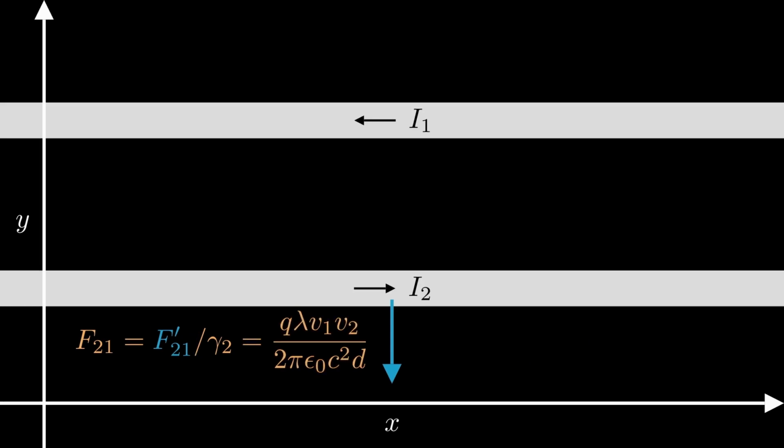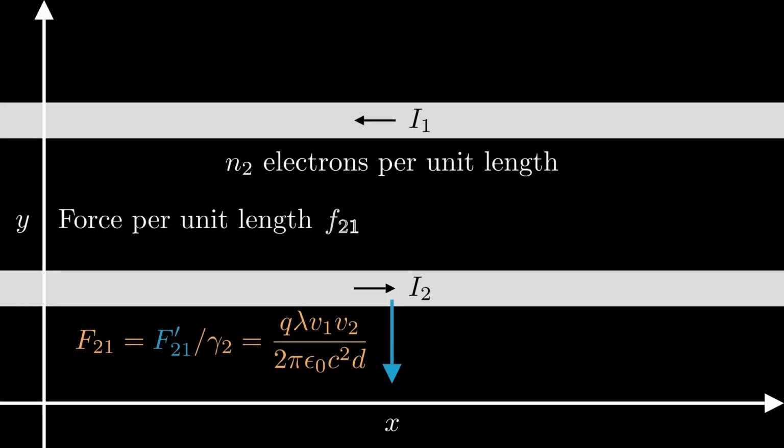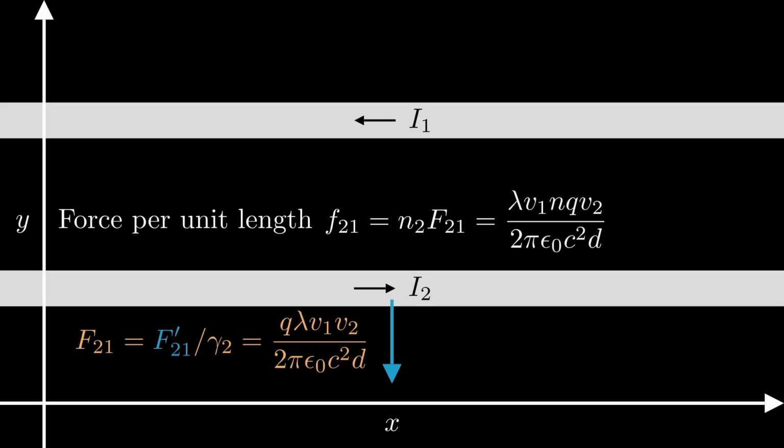Since the electrons in each wire are bound within the respective wires, the wires will also feel the repulsive force. If the number of electrons per unit length in wire 2 is N2, then the force per unit length in wire 2 is simply N2 multiplied by the force experienced by each electron.